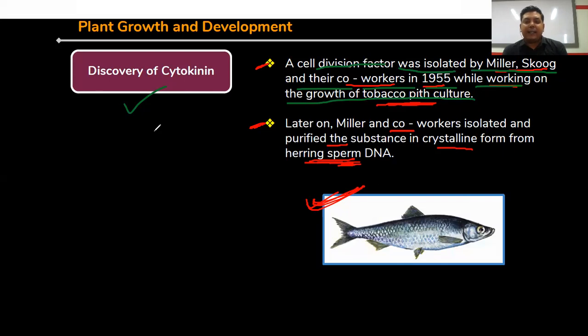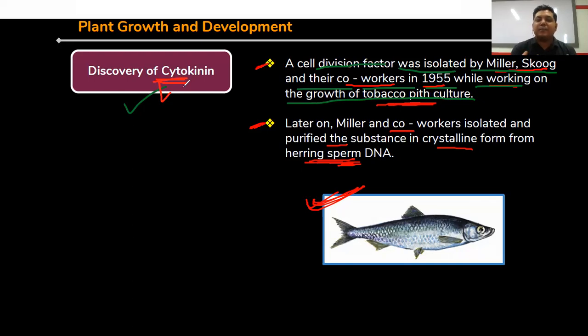Miller, Skoog and their co-workers were working in a lab, where they were researching tobacco culture. And finally, they found that there are some chemicals that are involved in cell division, cytokinesis. Already you have learned about cytokinesis in the cell cycle and cell division chapter, where you learned about cytokinesis and karyokinesis.